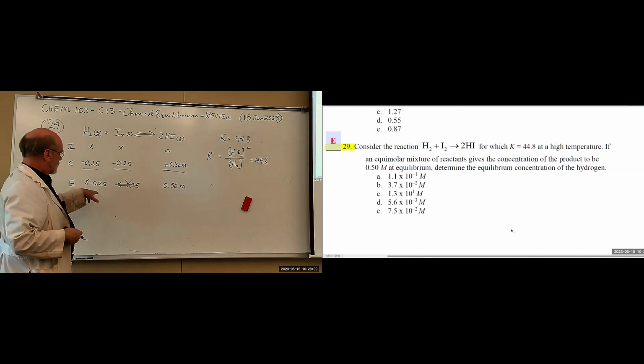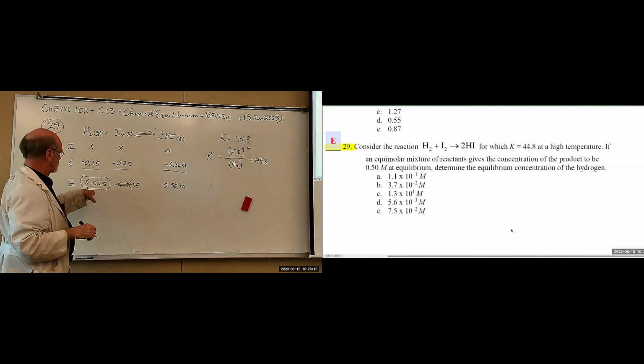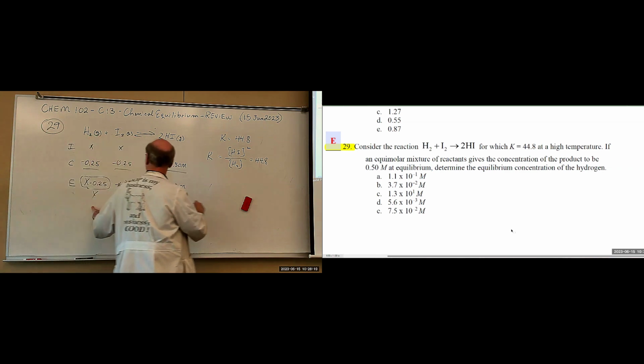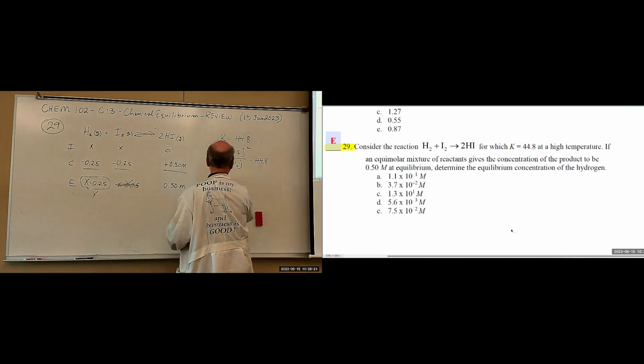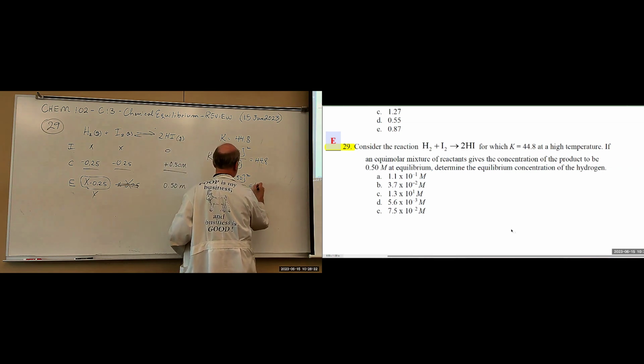So actually, we can treat this as a single variable, right? We can treat that as y. So this is equal to 0.50 squared, and in the denominator, we've got a y, equals 44.8.